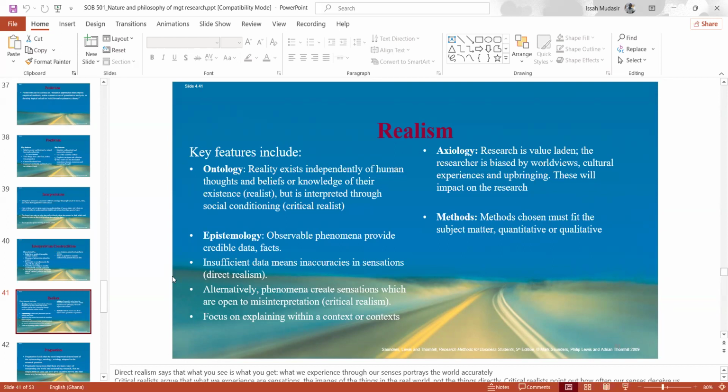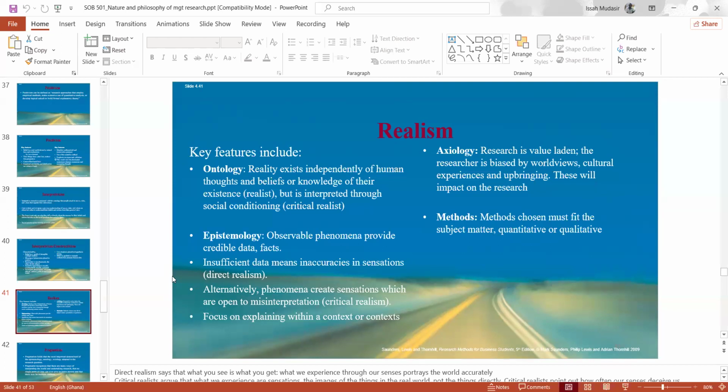Then we have the critical realists who will say that even though the reality exists, the reality may be clouded by the extent to which we can perceive. It can be clouded by our social conditioning. Okay?